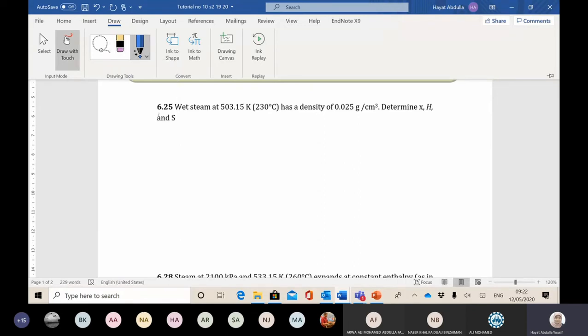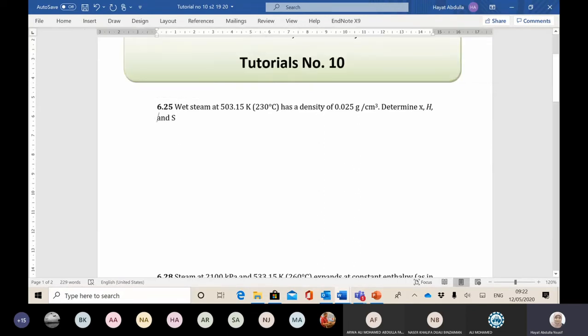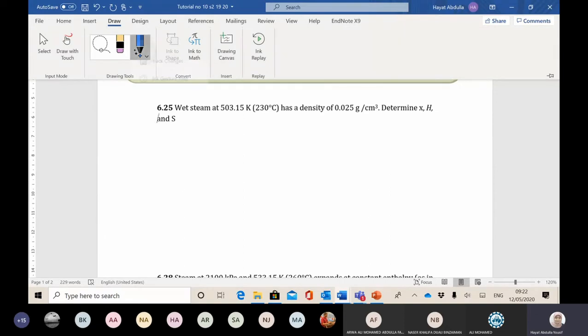Okay, I think it's just not allowing me to use the ink for some reason. Let me see. Okay, no, it's not working. Bismillah.